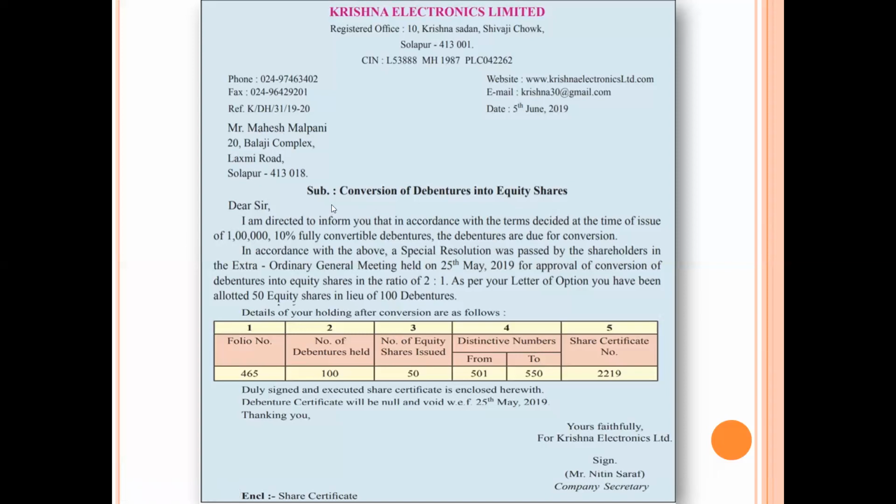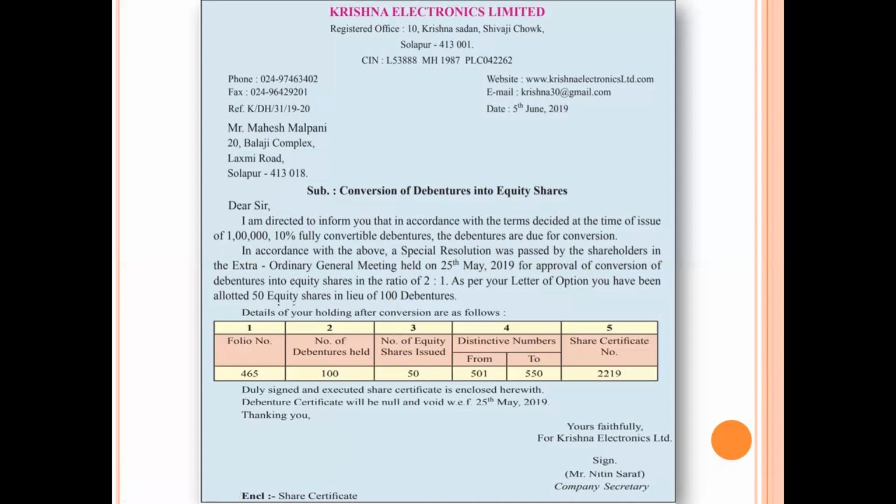Dear sir, I am directed to inform you that in accordance with the terms decided at the time of issue of 1 lakh 10% fully convertible debentures, the debentures are due for conversion.